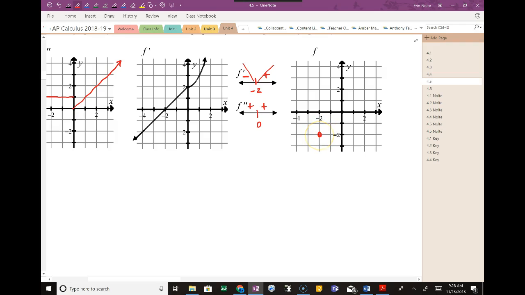To the left of -2, I have a happy face with a negative slope. So which one has a negative slope? This one, right? Okay, so happy face, negative slope looks something like that.